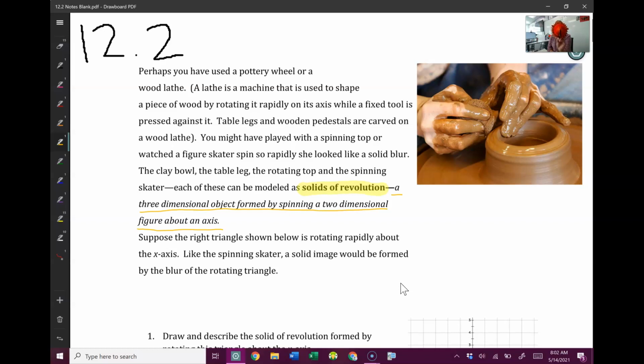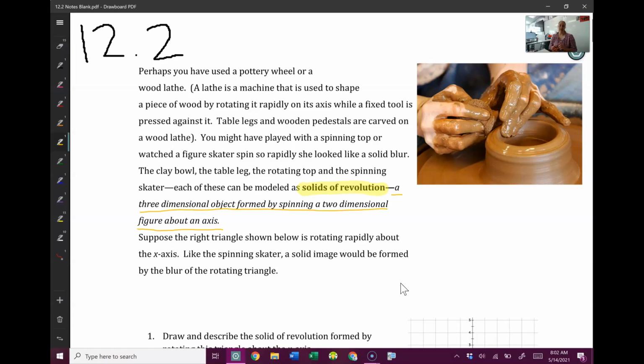Now, notice this 3D object. What shape do you see a lot of in this object? Well, we see a lot of circles because we're revolving. We're taking one shape and spinning it, and that gives us a lot of circles. This is important to know. For this entire lesson, we are not talking about things like cubes or pyramids, because those shapes are not curvy.